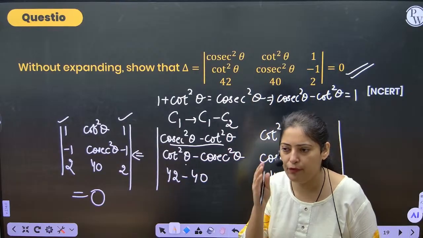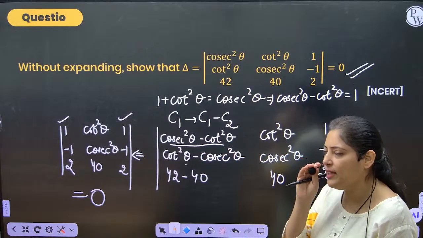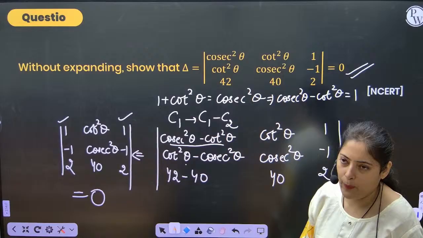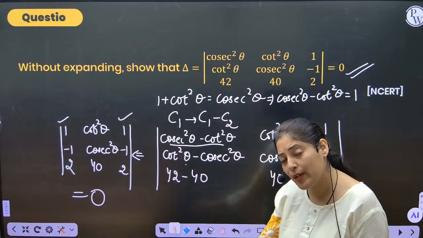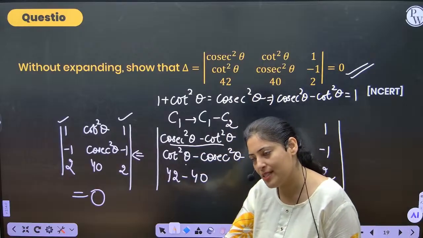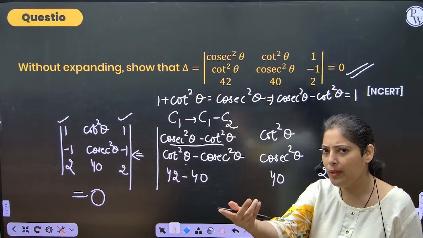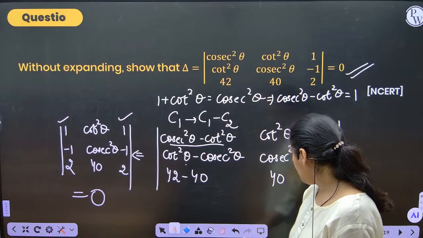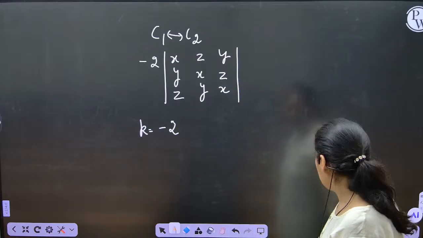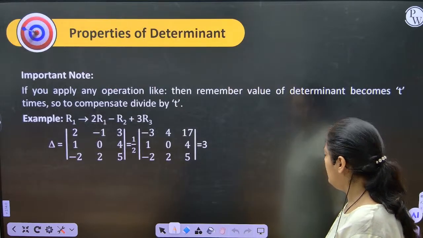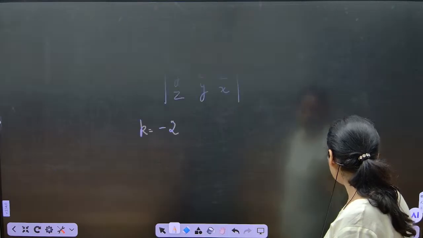Anyhow, you have to have clarity of the concepts, then only will you be able to do more and more questions, and if you do more and more questions, then you will be able to retain the concept. If you retain the concept, marks will be good then. Okay, so these are the questions we have done, and the few properties we have done. So that's it for today.